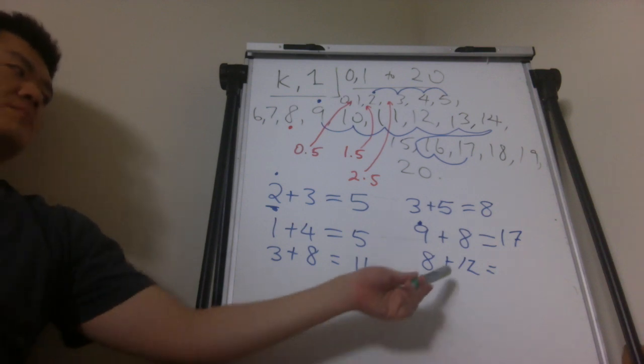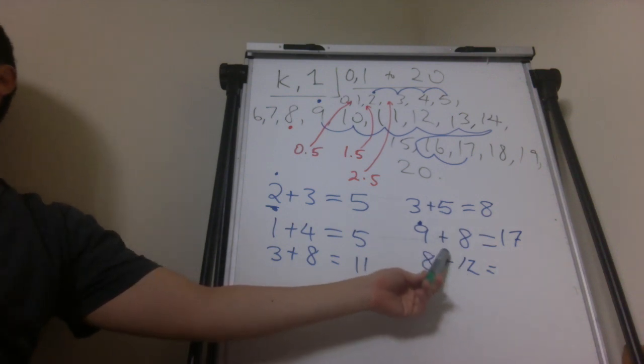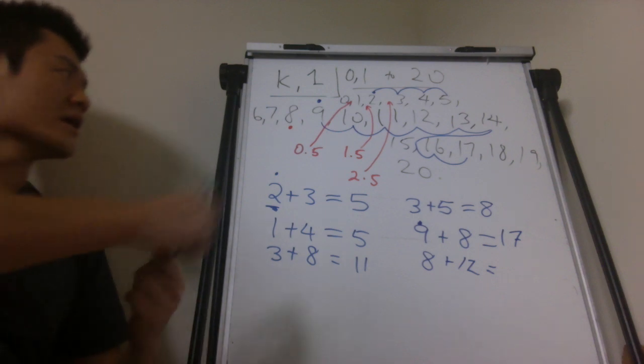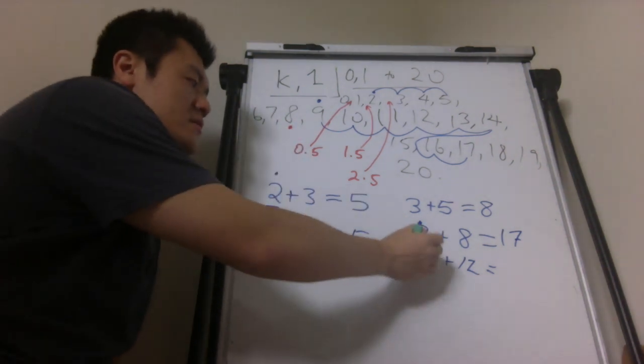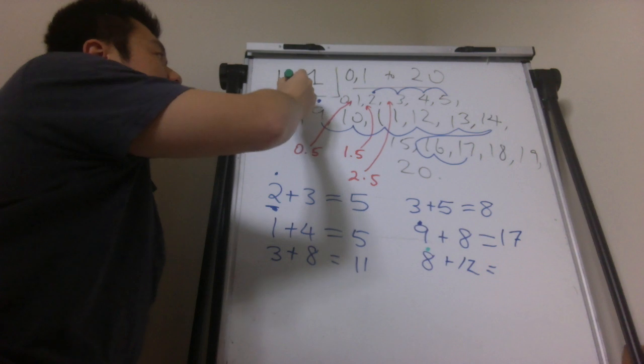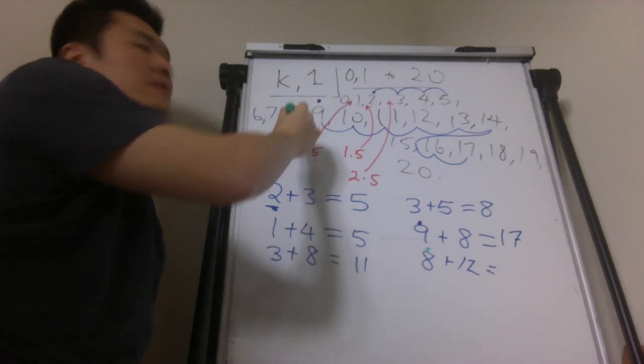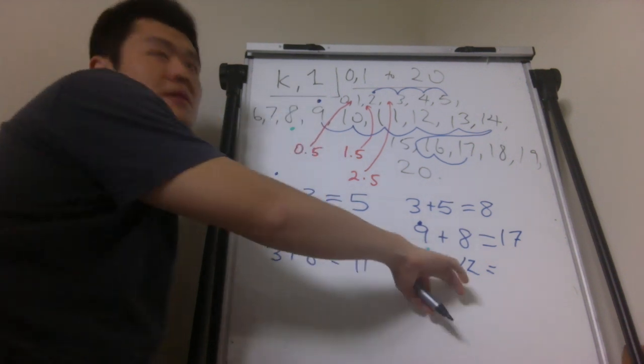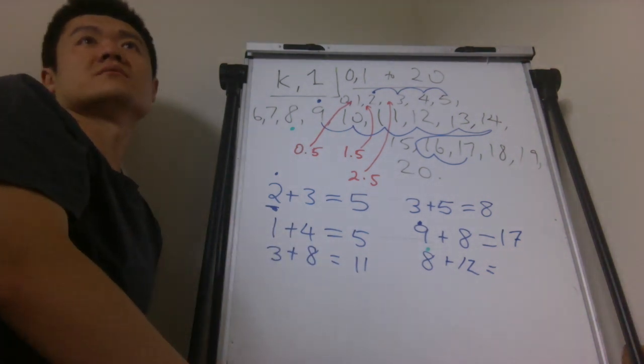I'm trying to tell you when I say plus, I mean count 12, okay? So if I start at 8, okay? So this is 8, yeah? Yes. And I want to plus 12, okay? Yes. Plus.